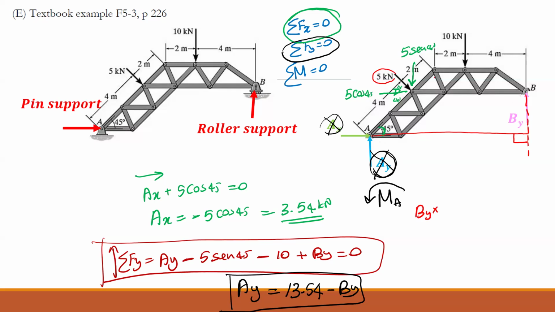The perpendicular distance is 4 plus 2, which is 6 meters, and here is 6 cos 45, because the base of the triangle is 6 cos 45. So you can say 6 plus 6 cos 45 is the perpendicular distance for By. And that moment is in the counterclockwise direction, so it is positive. See, the arrow is upward, so if you push at B, the structure is rotating in the counterclockwise direction about A. Does that make sense?